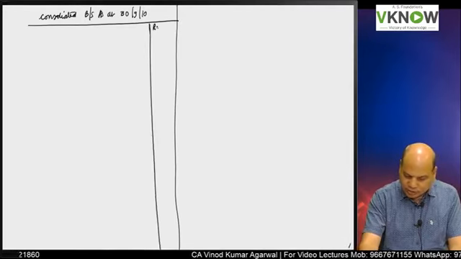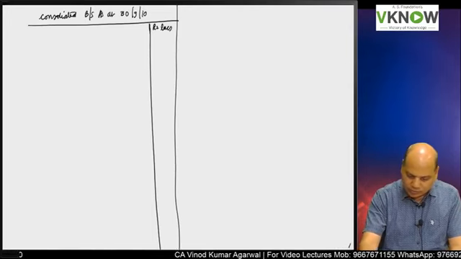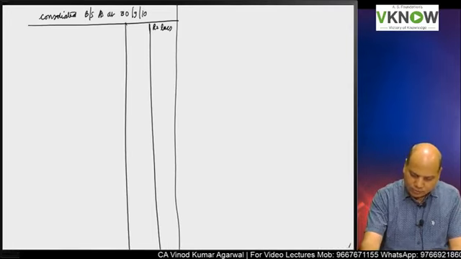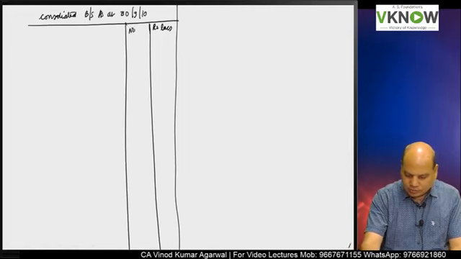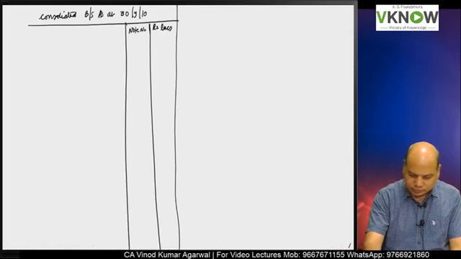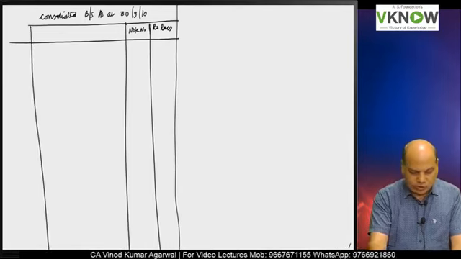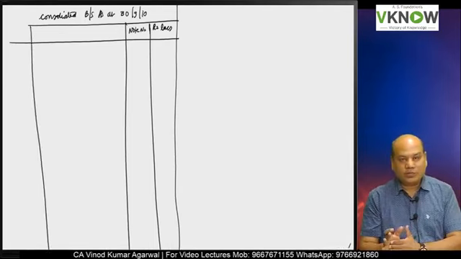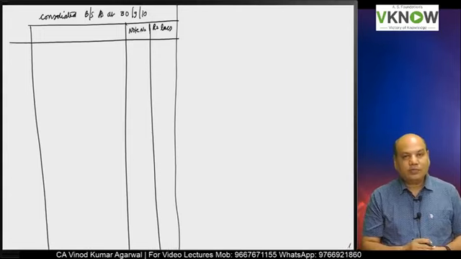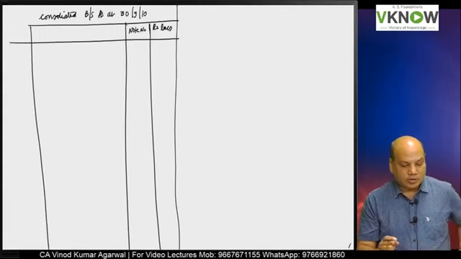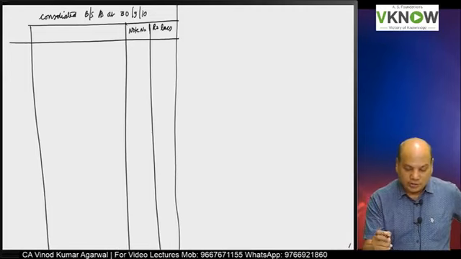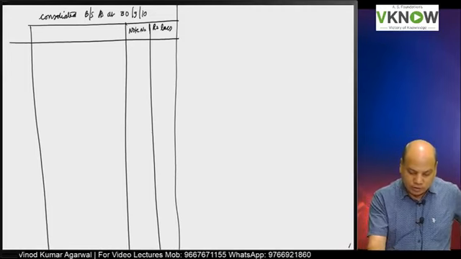Write down rupees in lakhs. Write down note number here. First, we'll draw the format as per schedule 3. In your booklet, the format is the old format. You will not follow that in the exam. You will follow schedule 3 format.